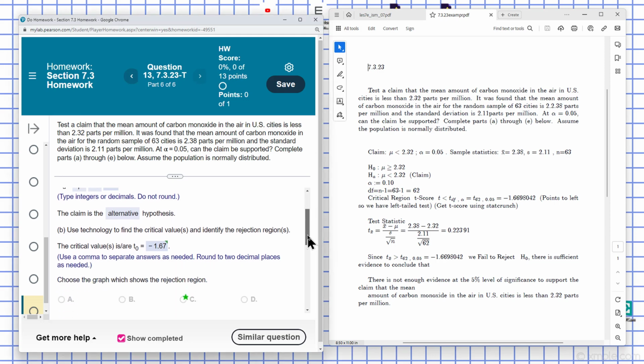Find the critical value. So we can use StatCrunch here to find the critical value for 62 degrees of freedom, and the alpha is 0.05.